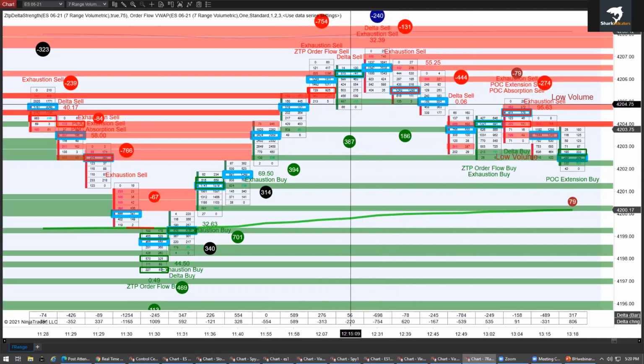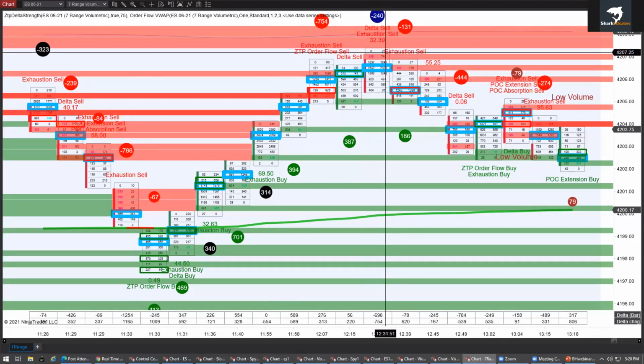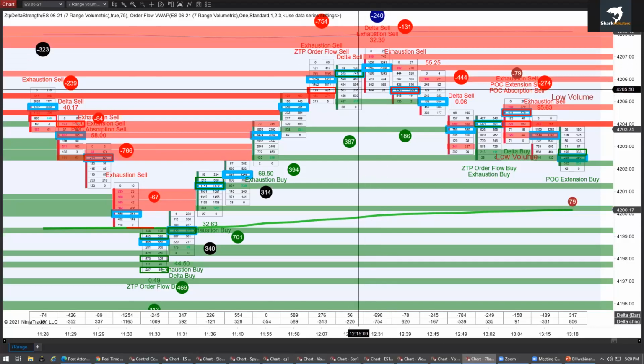What is really interesting is that one tick from a high, one tick from a low, well, the sellers to this point, until it reached the high of 4207 right here, were basically passive and accepting limit, passively selling on limit orders.